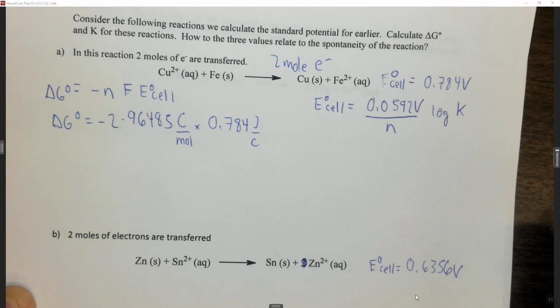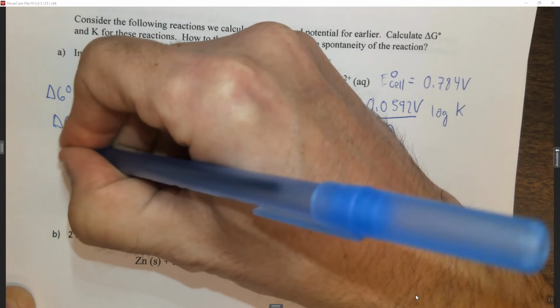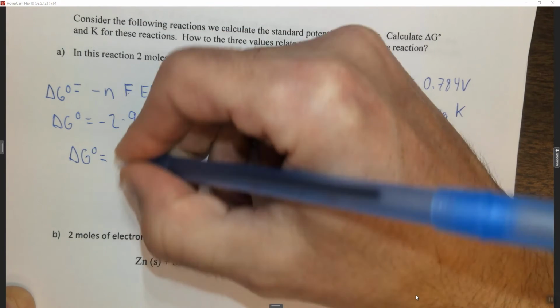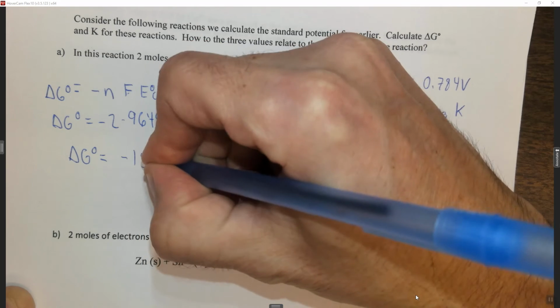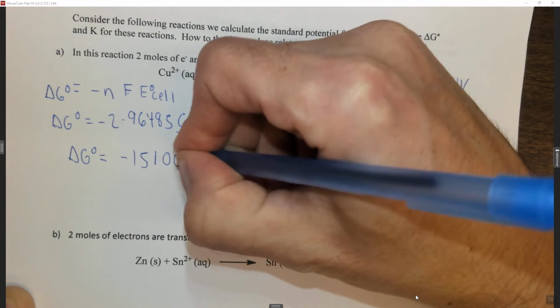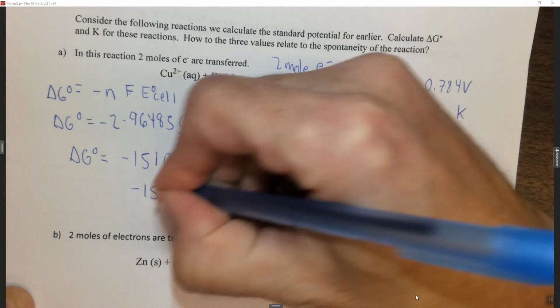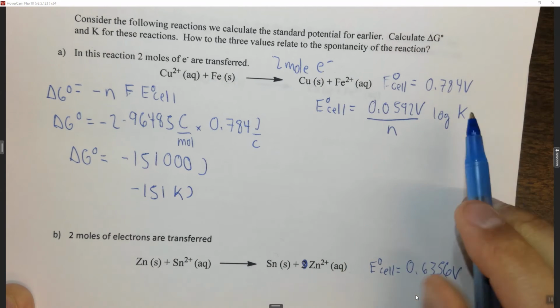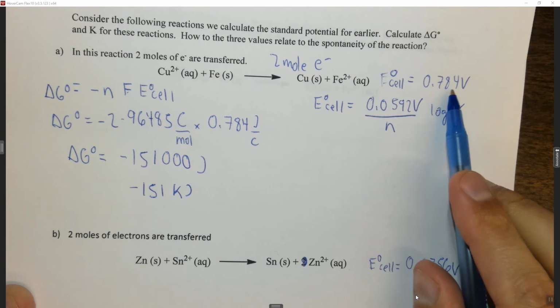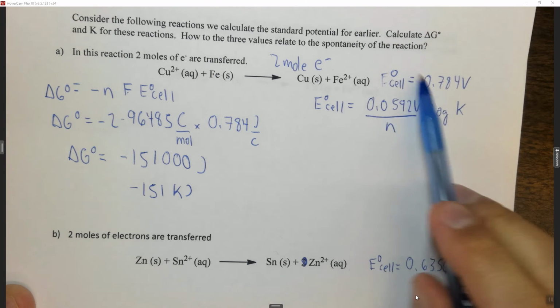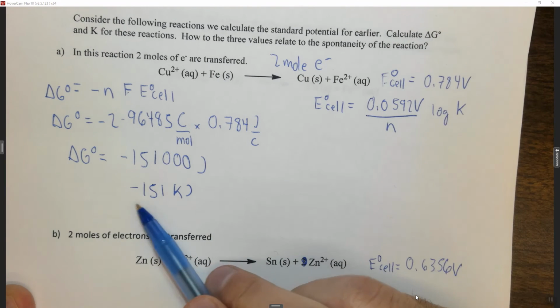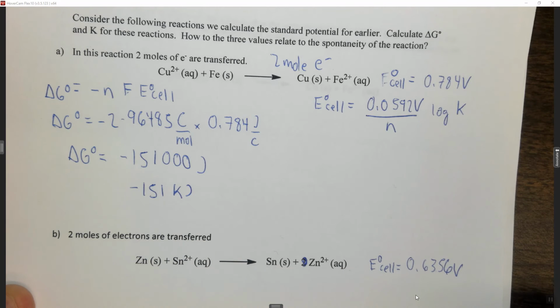When we do this math, we find that delta G naught equals minus 151,000 joules, or minus 151 kilojoules. Positive E cell is spontaneous, negative delta G is spontaneous.